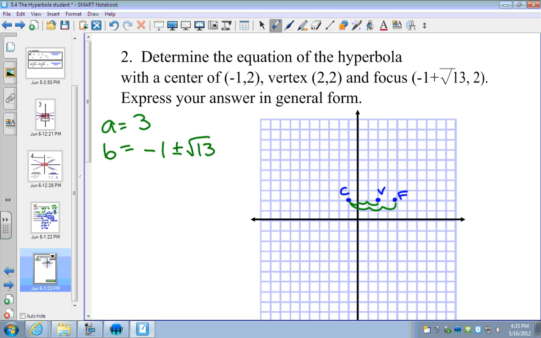Okay. And then I know that a squared plus b squared is equal to c squared. So I have 9 plus -1 plus or minus root. Why did I do plus or minus? It was just plus here.